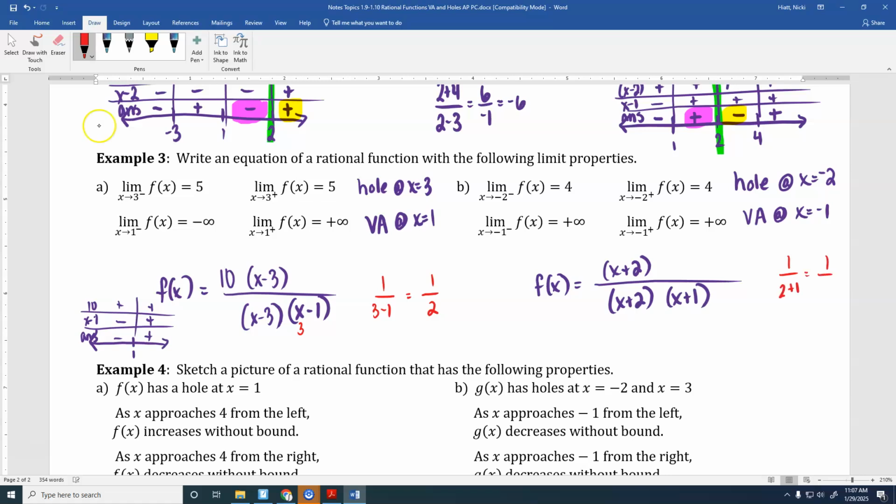I don't want that. What am I trying to get? I'm trying to get 4, which means I need to fix the numerator. So to fix this, I can put a 12 up here in the top. Or you could put an x plus 10. That would work also.